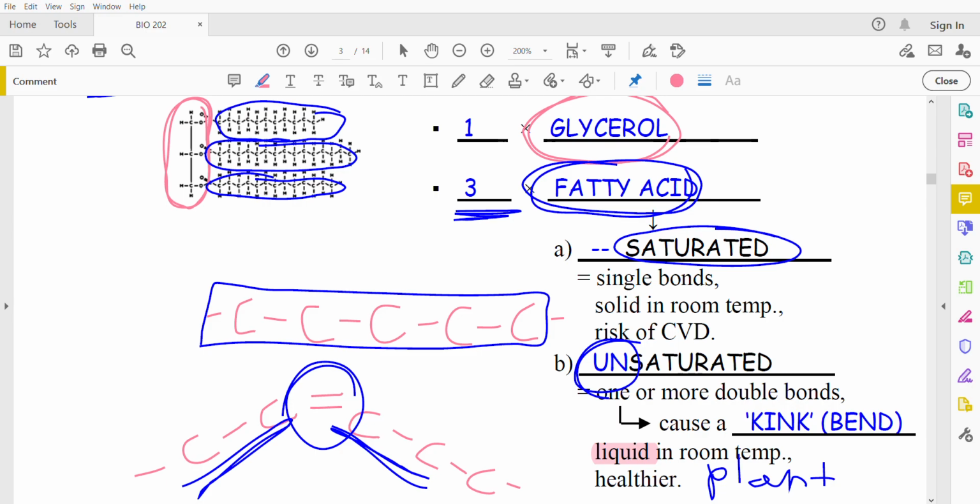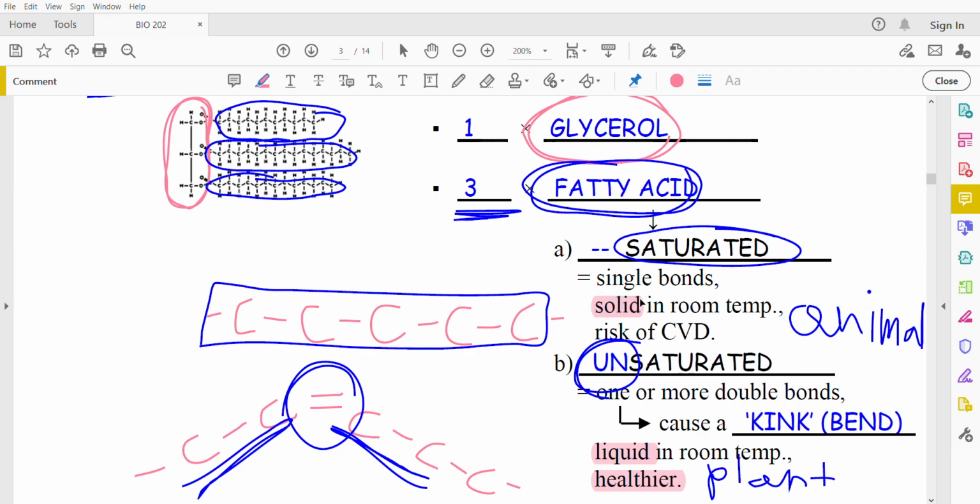That was considered the healthier kind of fatty acid to consume. Whereas saturated fatty acids usually originate from animal sources, and they are solid at room temperature.